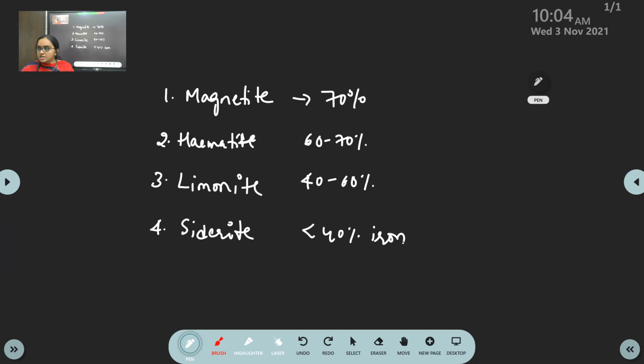So majorly we have hematite ore. This also one question has been asked: India is a major producer of which type of iron ore? Hematite ore. Next, India is the second largest producer of hematite after Russia.